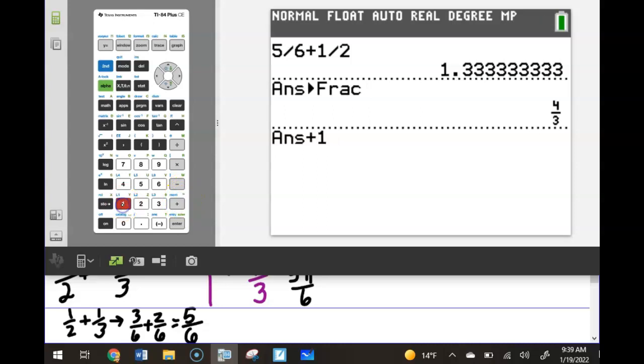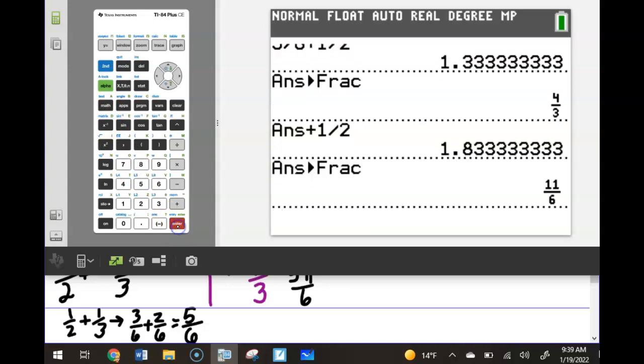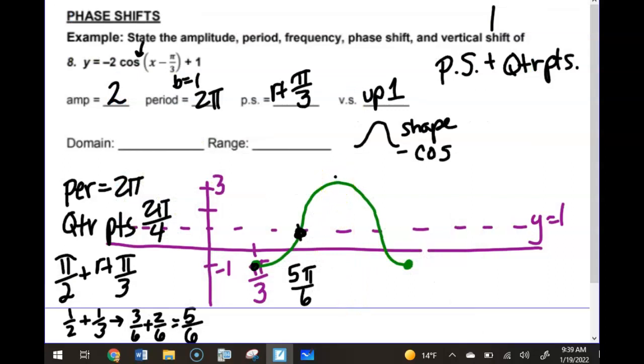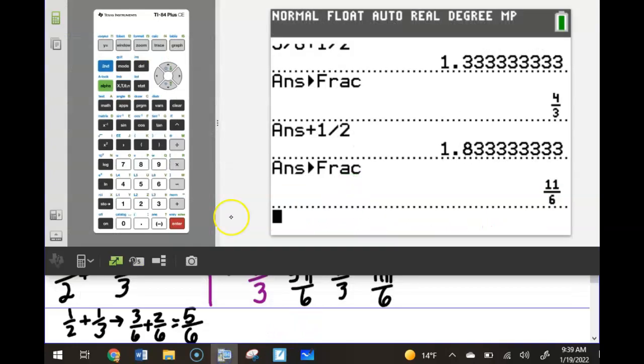And then I'm going to add a 1/2 again, and I get 11/6. So the next two are 4/3 and 11/6. And then I could add a 1/2 one more time.